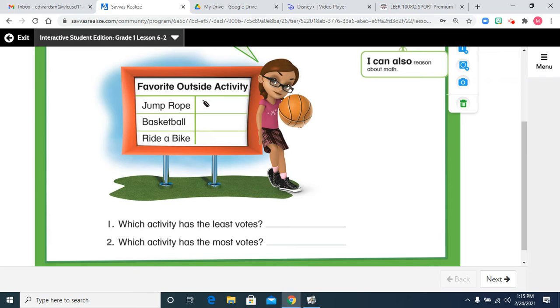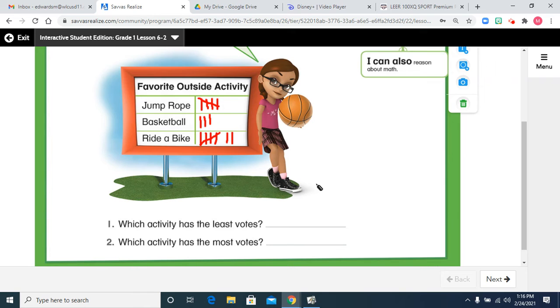Okay, jumping rope. Let's say out of my class there are 1, 2, 3, 4, 5 students that like to jump rope. Basketball, there are only 3. And for riding a bike, there are 1, 2, 3, 4, 5, 6, 7.